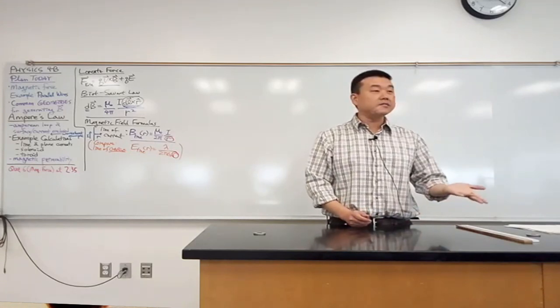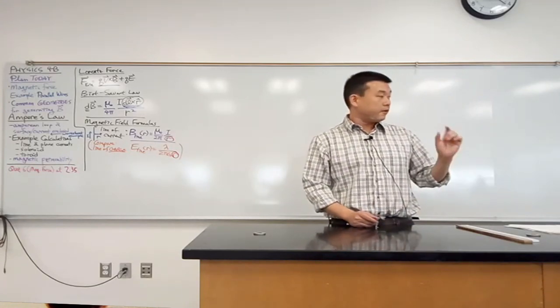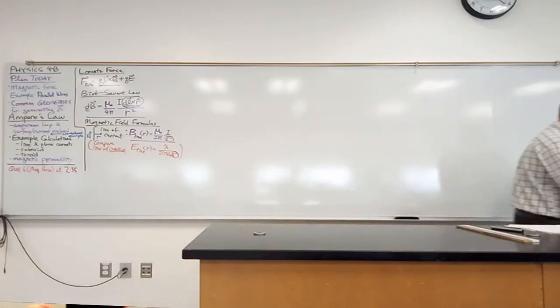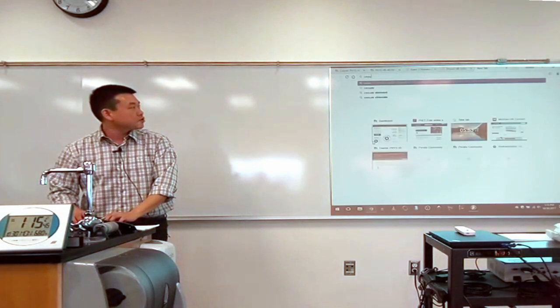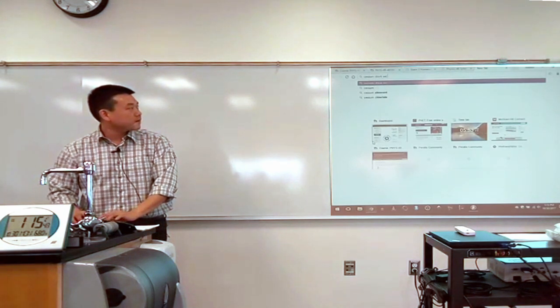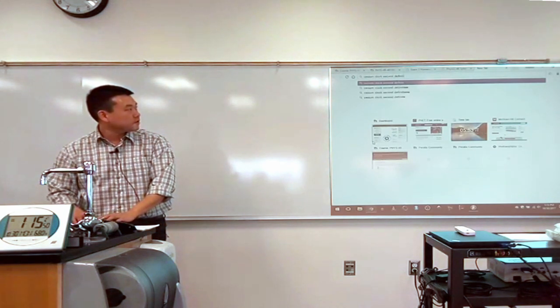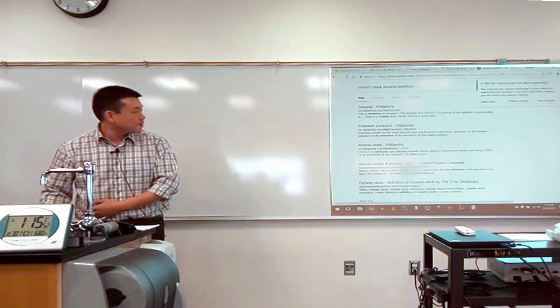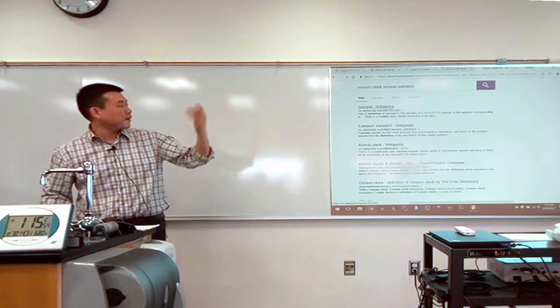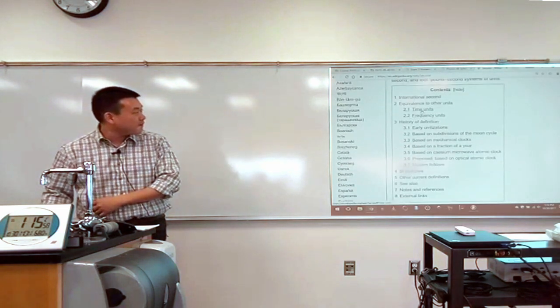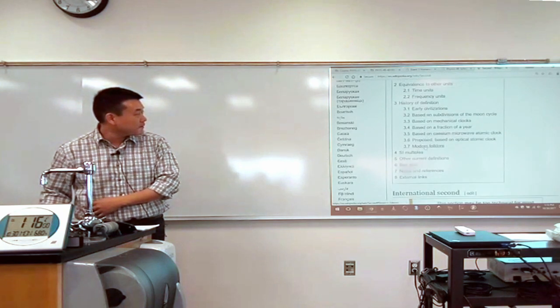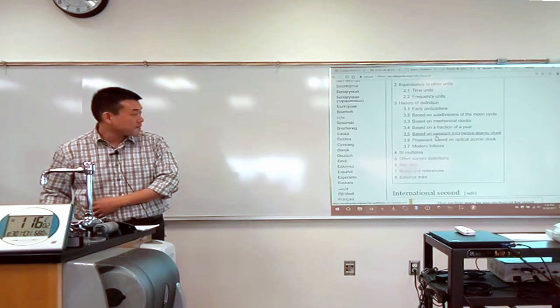It's defined by a cesium clock. There's a very precise, I don't know. Let me just Google search so that you know I'm not making stuff up. Cesium clock second definition. So you can look it up somewhere. Look, on your own time, look at, let's see, based on cesium.